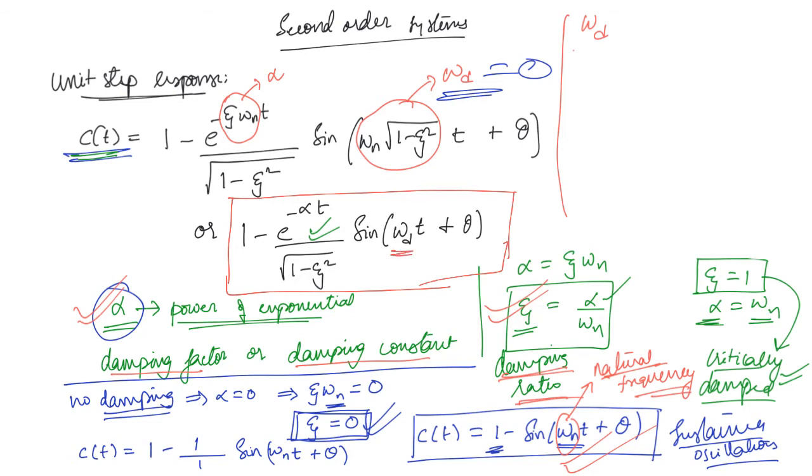When the system is damped, that means the exponential term is still present, the output will not be a periodic function. It will not be a sinusoidal function. But the frequency that appears in the sine function is omega d, and that is why we simply call it the damped frequency.